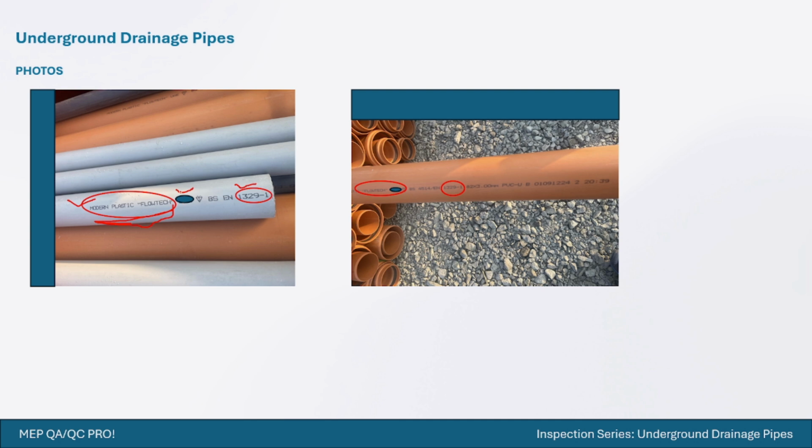You need to ensure that, as per your location, the country of origin is mentioned here. I hope it is clear that your checkpoints start from the manufacturer, then the standard, then the country of origin. This is our standard, BS EN 1329.